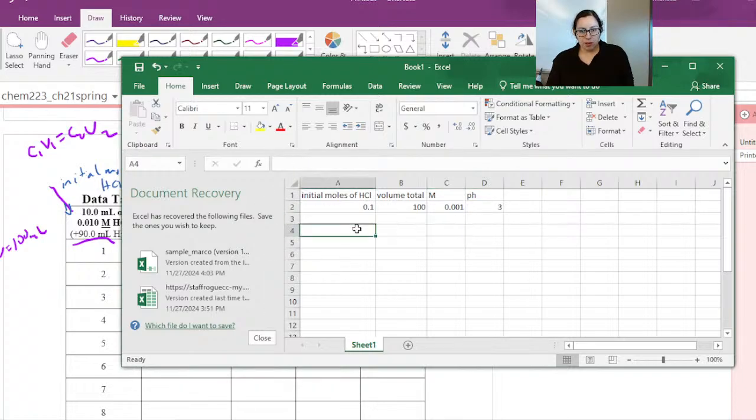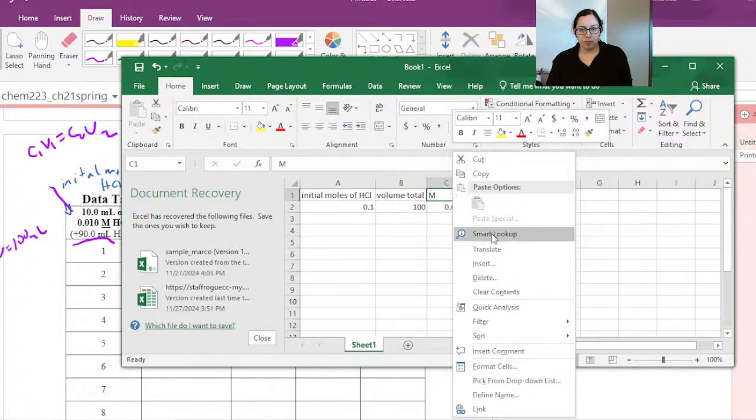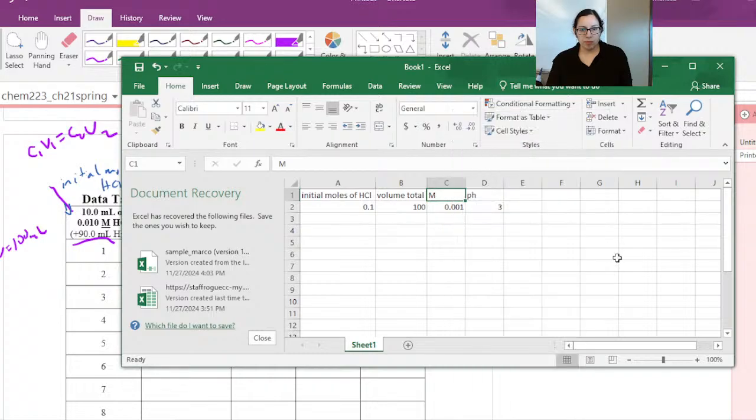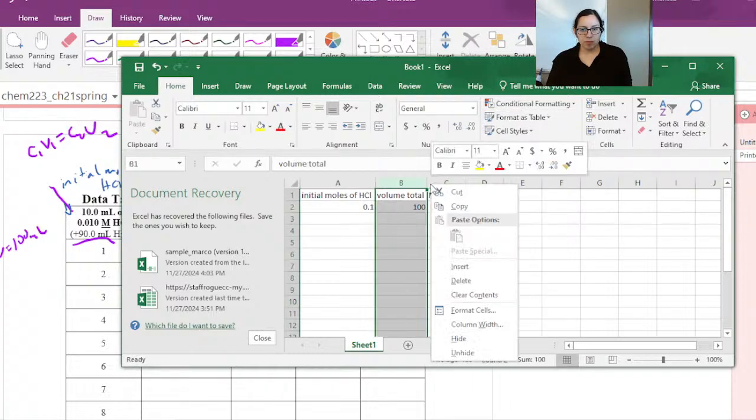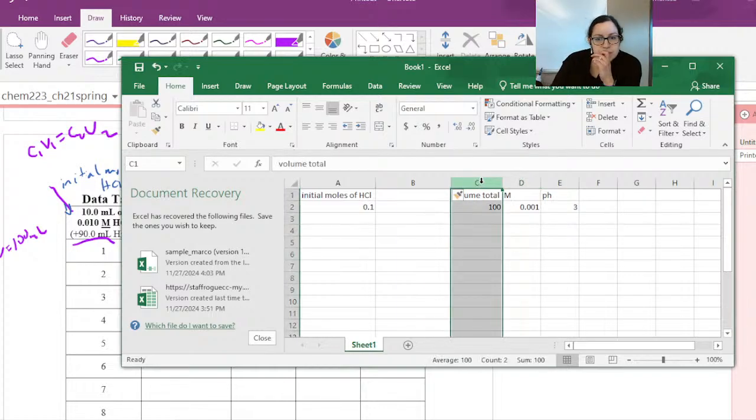And so again, right, you can rearrange these columns a little. Now I want to move these over. Oh, wrong way. Sorry, painful to watch other people do Excel.